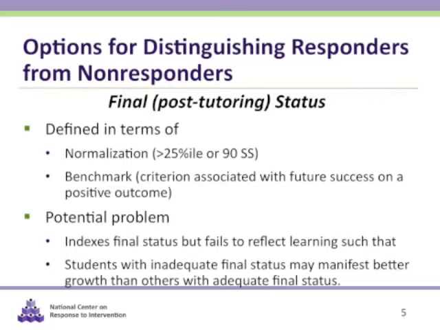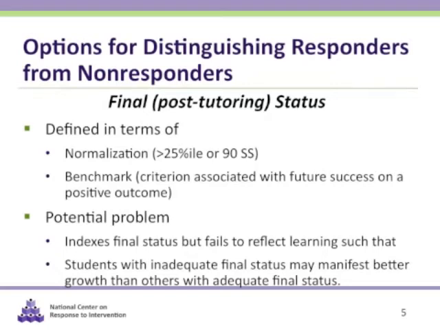Now, a potential problem of using final status, post-tutoring status, is that it indexes final status but fails to reflect learning. And so it's possible that some students with decent final status may show worse growth than other students who do not have adequate final status.